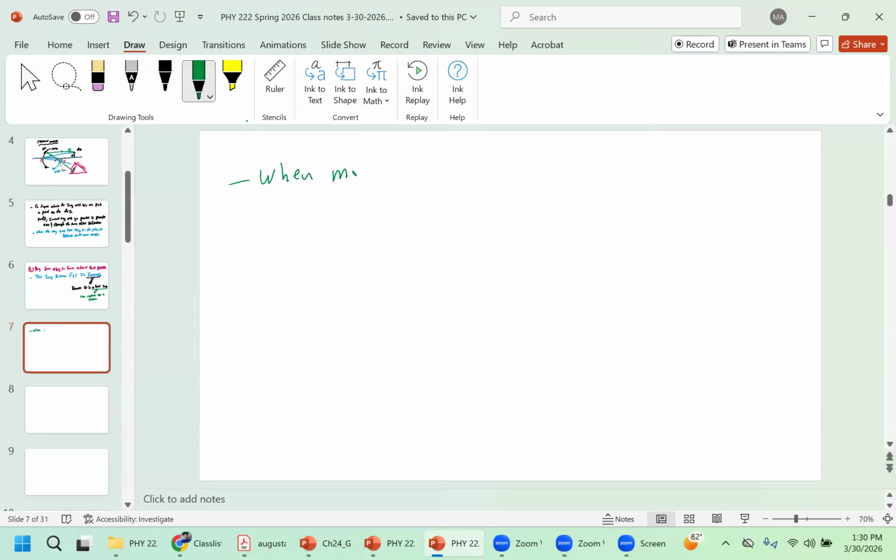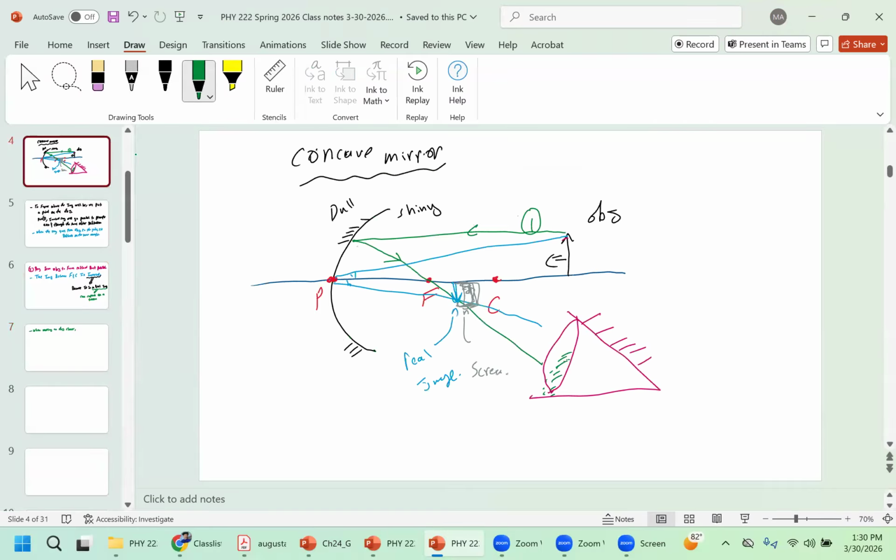So when moving an object closer, what's going to happen to the image? You're going to notice if the object is right over here.